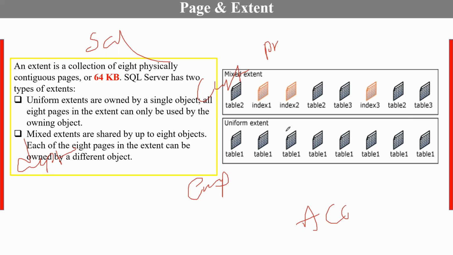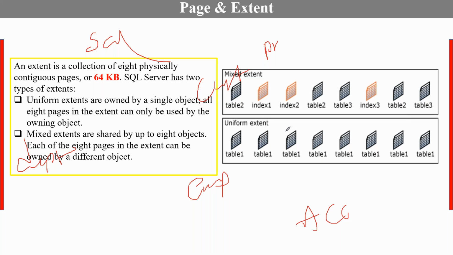If 8 pages contain single object data, we'll call it a uniform extent. If 8 pages contain multiple object data, we'll call it a mixed extent. Very, very important interview question.